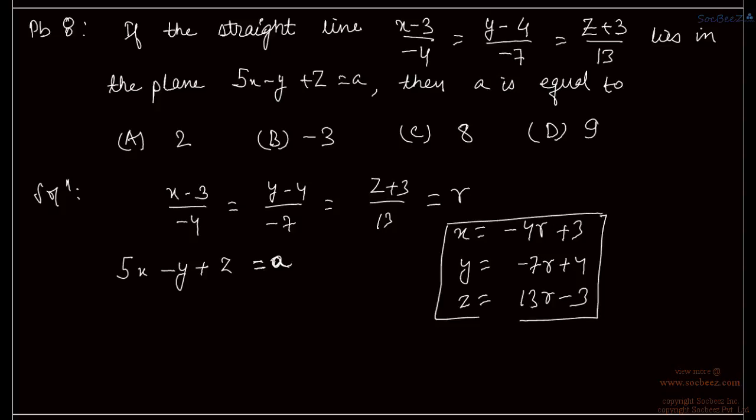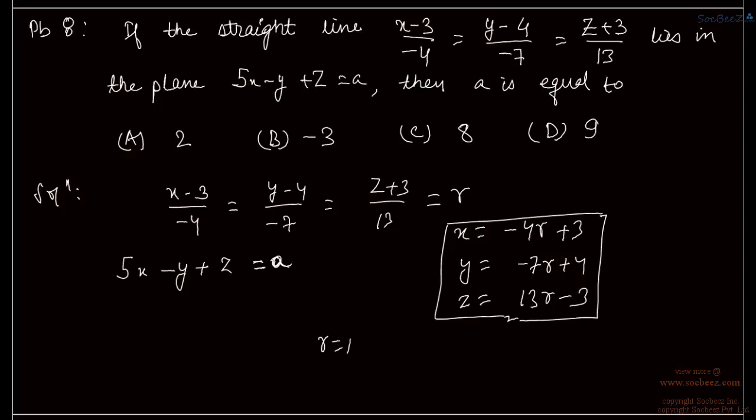This is a parametric equation of the line in terms of R. Now say this line lies on this plane. So if we try to find any point by putting a value of R, we will be getting points on the line. So this point must also satisfy the plane.